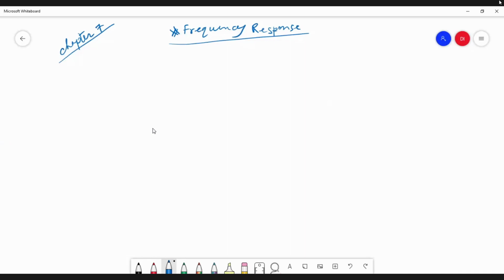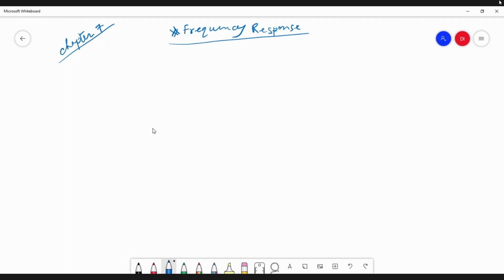So just the reverse of that: now we will consider the frequency to be variable. Considering the frequency variable, the analysis is frequency response analysis. The analysis is nothing new, but a new parameter will be added. What is the new parameter? We will consider variable frequency.